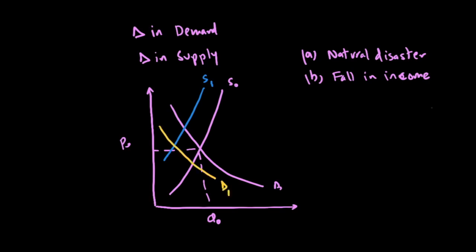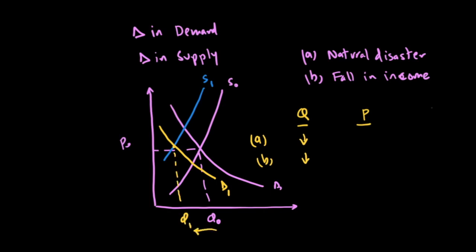Okay. Now the question to ask is, what happens to the quantity and what happens to the price? Effect A, a natural disaster, will result in the quantity falling, and a fall in income will also result in the quantity falling. So clearly the quantity that is being bought is going down.